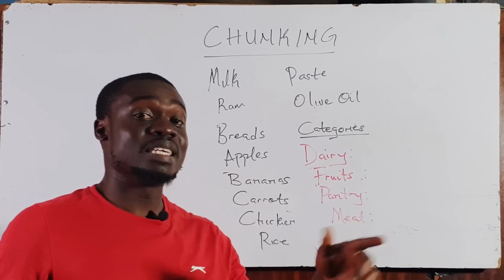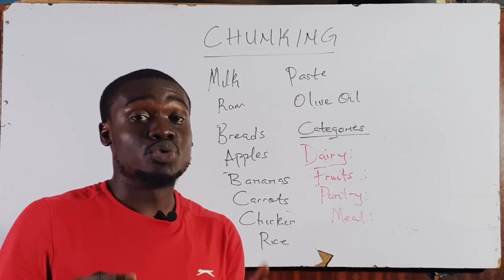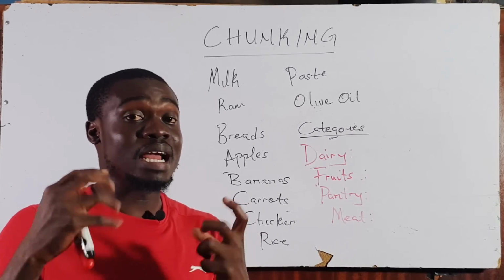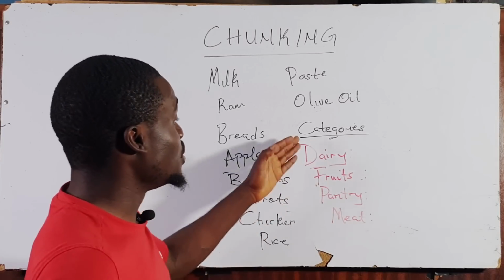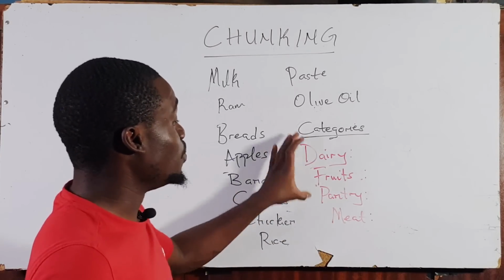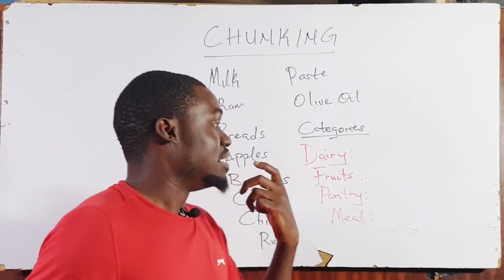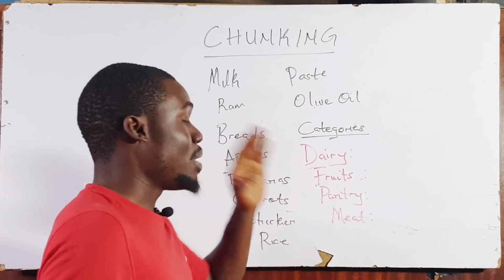Don't forget when I said that according to research, you can chunk things into 4 or 7 categories that can help you remember anything vividly. So now these are categories where you can group them, and whenever you remember dairy, you'll be able to remember what is under it.